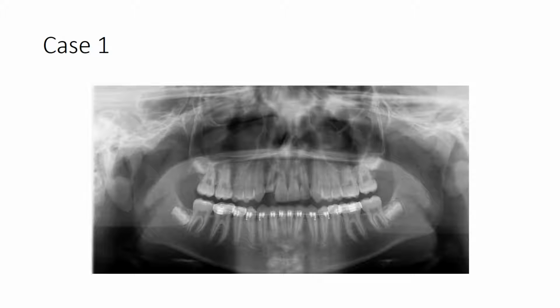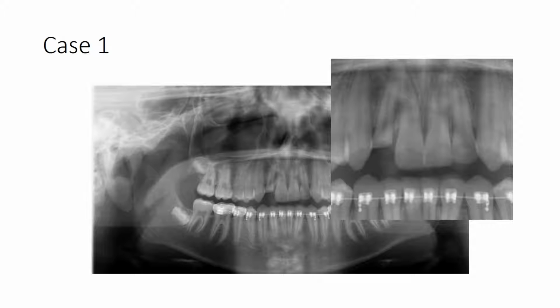Case 1, this is a panoramic radiograph of a patient who sustained trauma to the upper teeth. You can see it looks like there may be a fracture of that right maxillary lateral incisor, and if you squint closely, you might be able to see the widening of the periodontal ligament space involving the right maxillary central incisor right there.